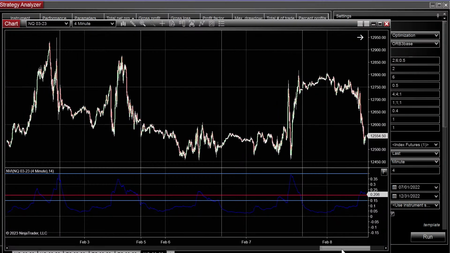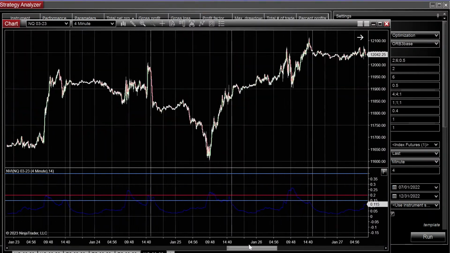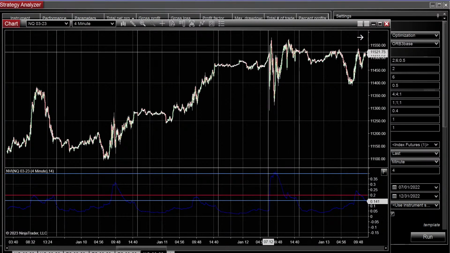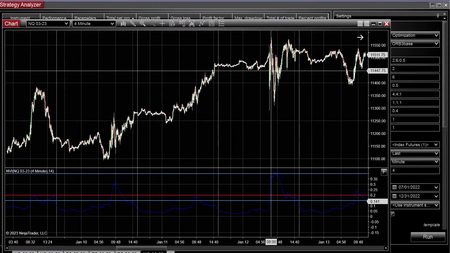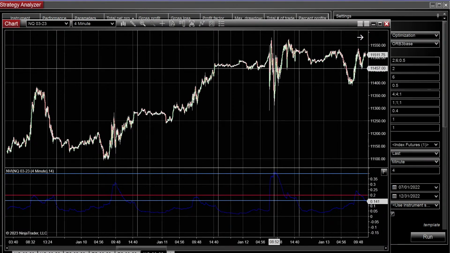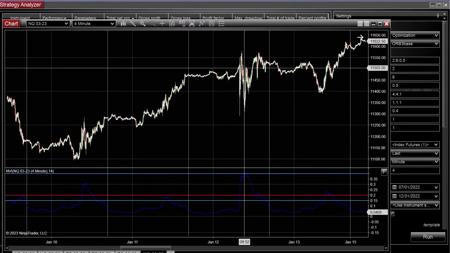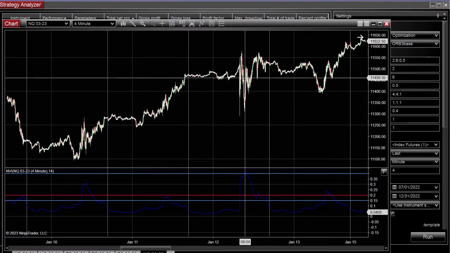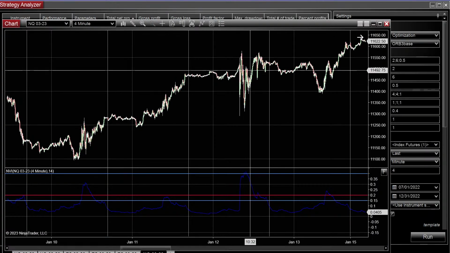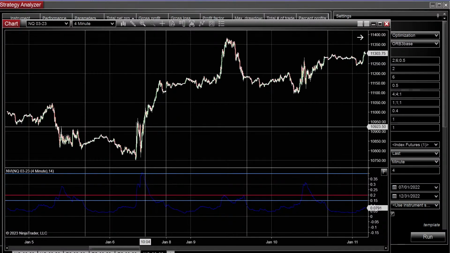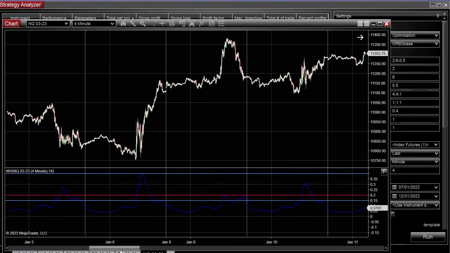0.4 almost never occurs. It did right there, but you can see the type of volatility that occurred when we were above 0.4. Whenever we encounter such a crazy environment like this again, that's what we're accounting for. Once again, a crazy market environment here.